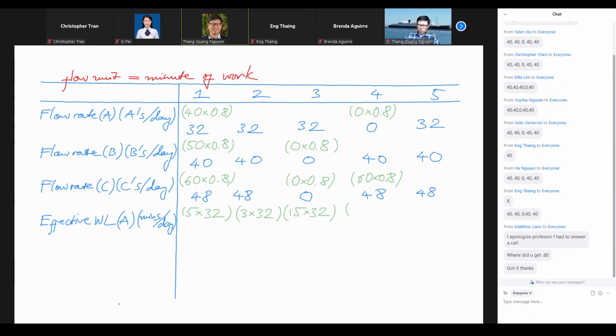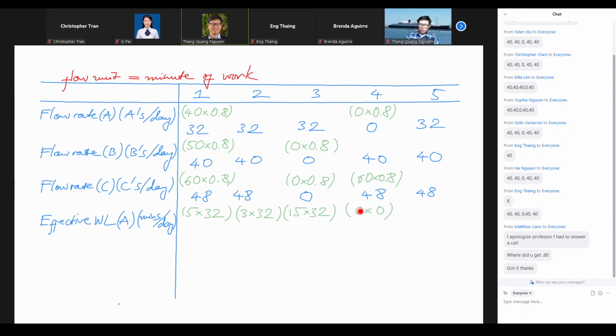The fourth one, you know what? It is 0 times 0. What is the first 0 and what is the second 0? The first 0 comes from the processing time. Because the ice cream doesn't go through the fourth station, it skips station 4, so it takes 0 minutes for each ice cream.